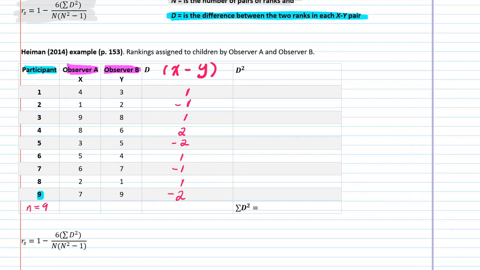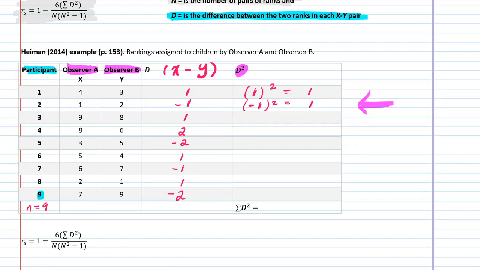What I have to do next is that I have to square the D. So D squared would be 1 squared. Okay, I don't really have to do that, but I'm going to do it anyway. Negative 1 squared. Whenever you square a negative number, it becomes positive. And this is where I see the most mistakes in this piece. When you square a negative number, it becomes positive.